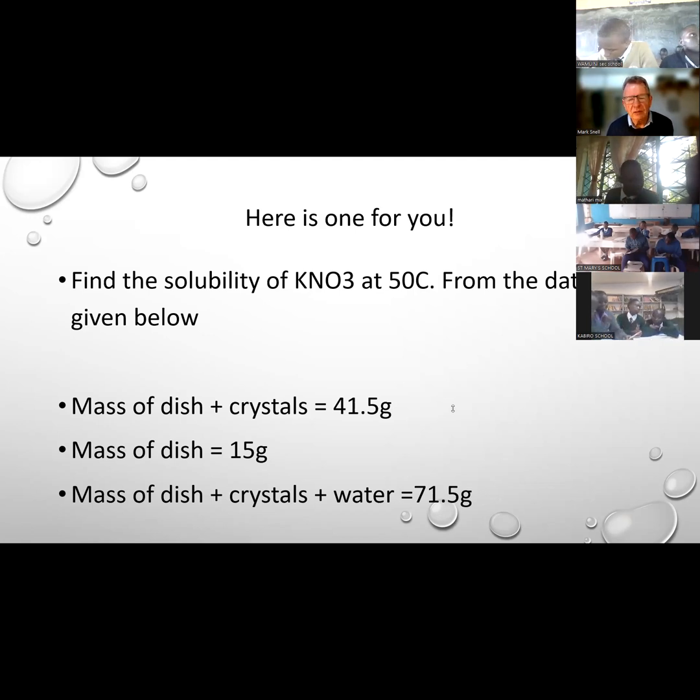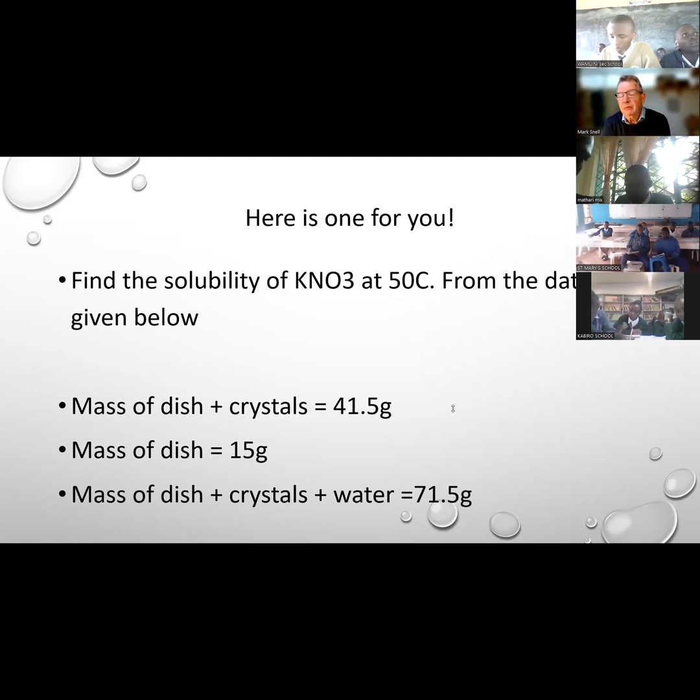So to find the amount of solution, it will be the bottom number, 71.5, minus the mass of the dish. That's 71.5 minus 15. That will tell us the mass of solution. If I want the mass of crystals, that will be the 41.5 minus 15.